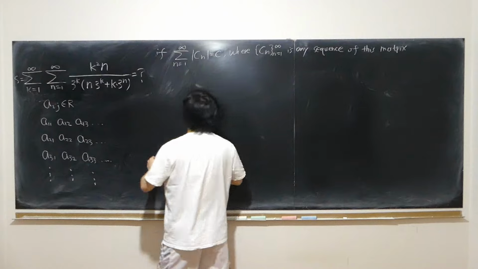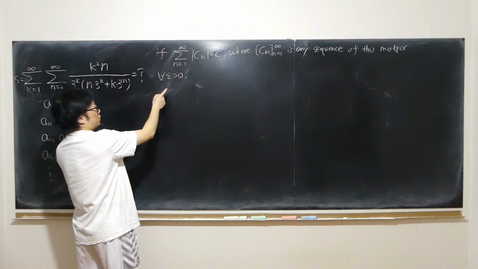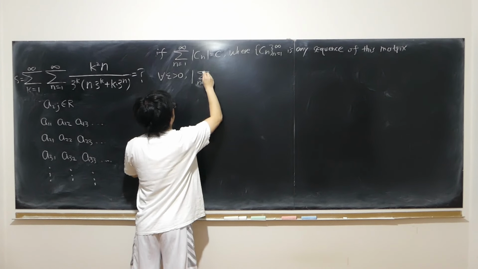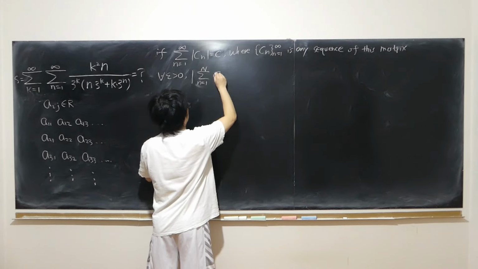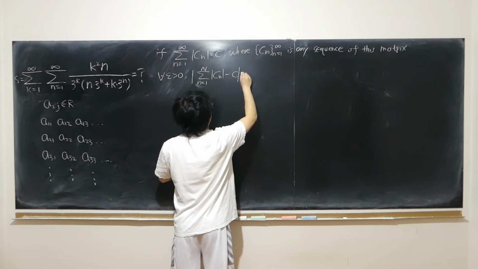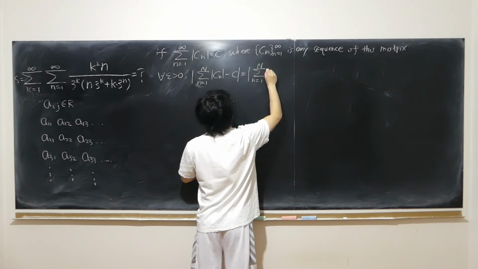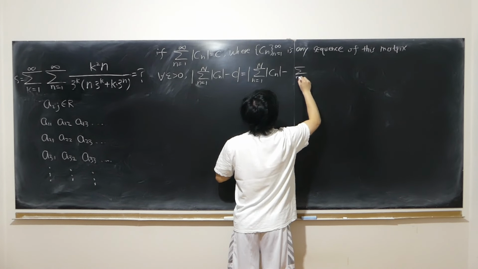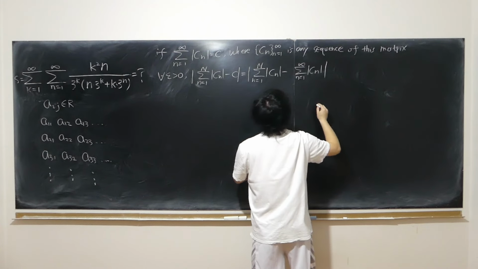The reason is, according to the definition, given any positive epsilon, there is a capital N big enough such that the sum from n equals 1 to capital N of the absolute value of c_n differs from the limit C by less than epsilon. But remember, C is in fact the infinite sum from 1 to infinity of the absolute value of c_n.